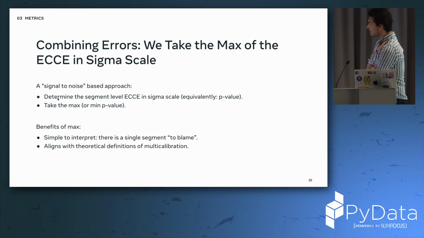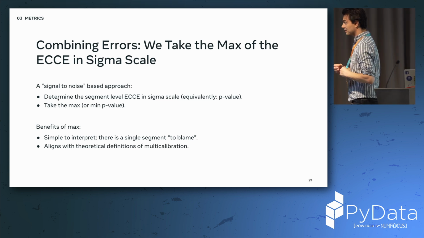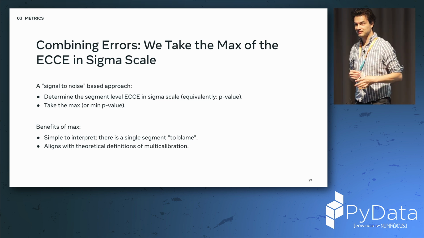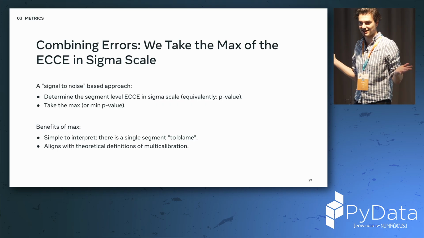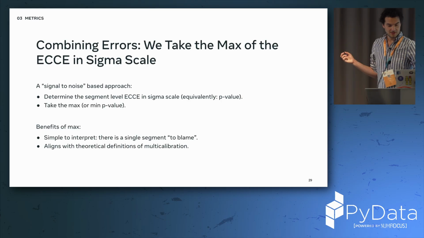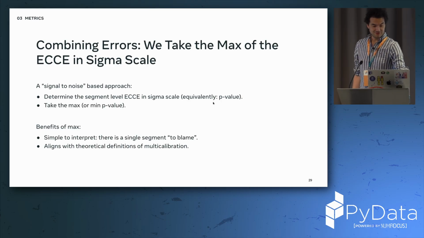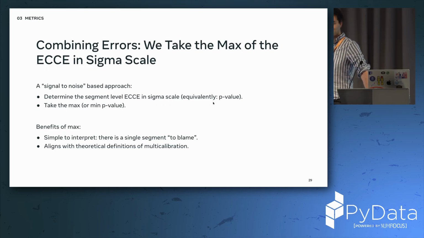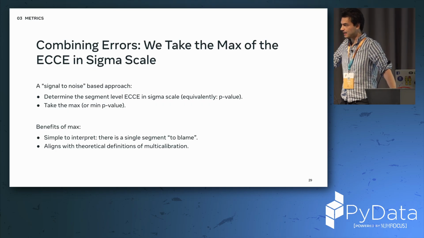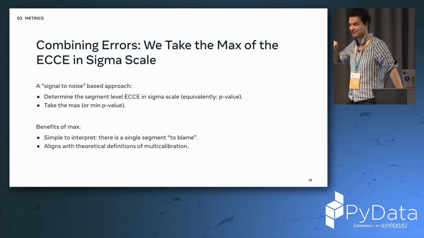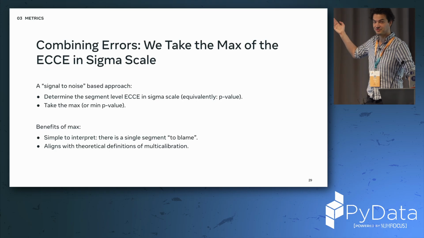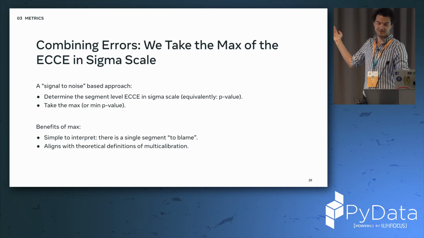It's also nice because it can give you a p-value and a statistical interpretation, a p-value for the null hypothesis of being perfectly calibrated. So now you can draw conclusions both on statistical evidence of whether you are miscalibrated, as well as effect size. You can estimate both the significance and the effect size of miscalibration here.